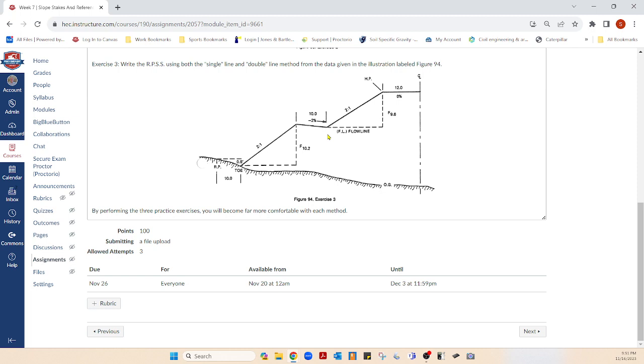So we're going to start one more time. 20.4 plus this 10, plus this little guy here we calculated out to be 19.2, plus 12.